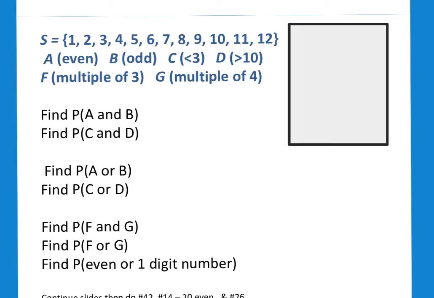Okay, here we are with our 12 numbers again. We're revisiting that too, yes. And we have A, B, C, D, F, and G labeled again. Identified, defined.